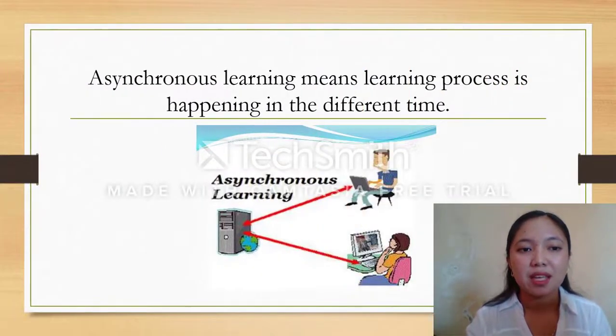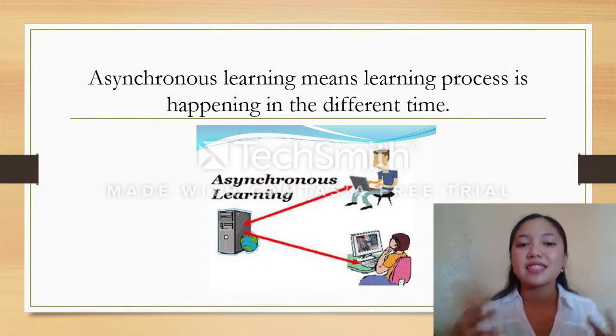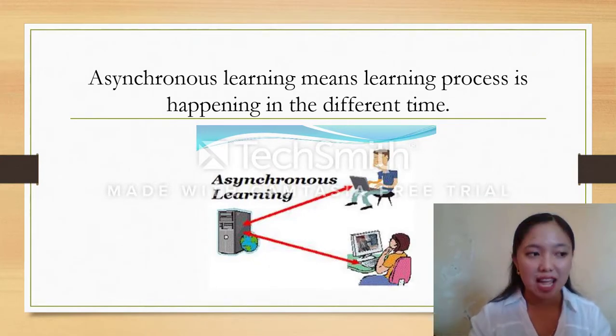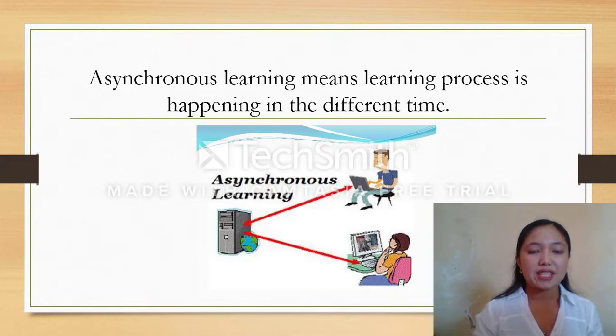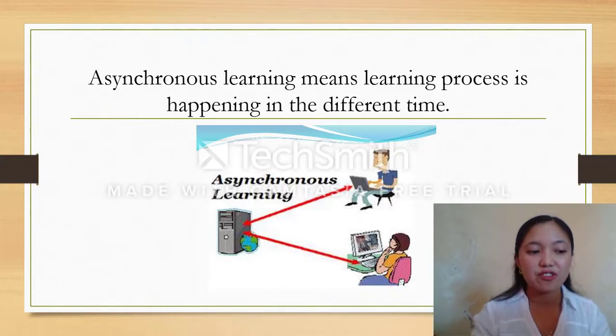And asynchronous learning means that the learning process is happening at a different time. For example, in online learning the process happens at a different time, which means the students can study anytime, day or night, within a series of fixed time periods. Besides, asynchronous learning also takes a different place.